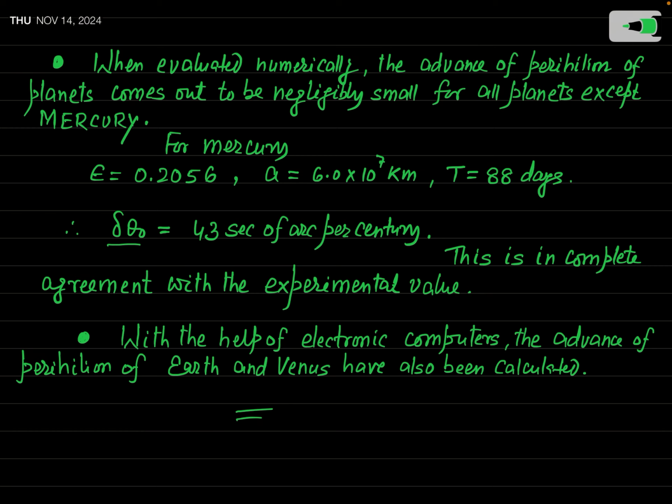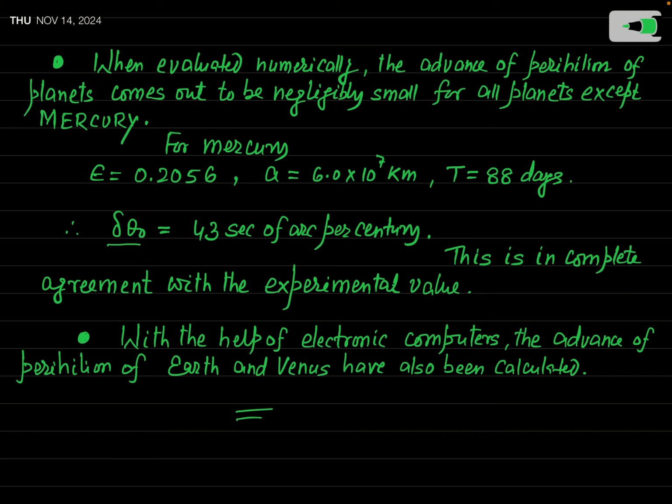In the case of Mercury, we get a significant value of delta theta naught. Although there is an advance of perihelion for all planets, the value is negligibly small, but for Mercury it is significant.